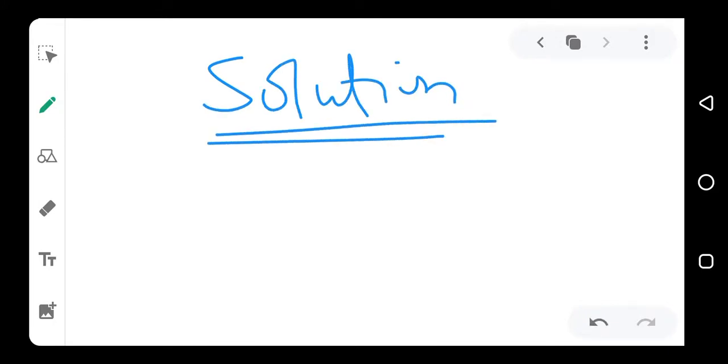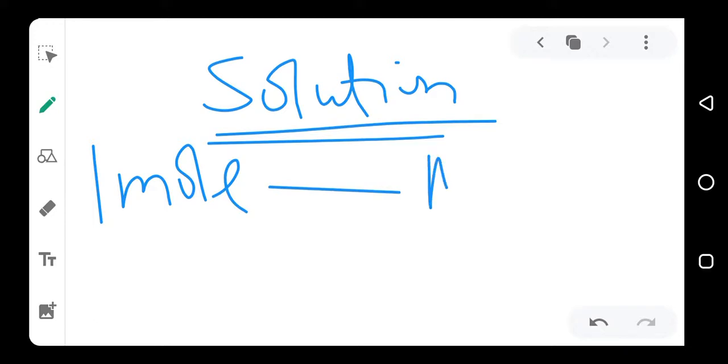Now, solution. We remind ourselves that 1 mole of every substance weighs the equivalent of the molar mass of the substance. Now we don't know the molar mass of this substance, so we have to calculate it.